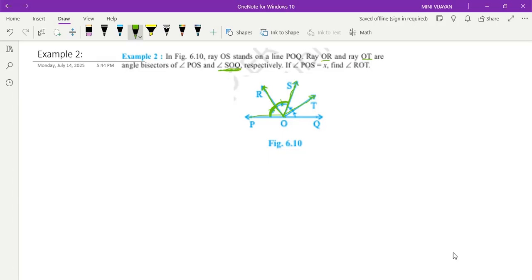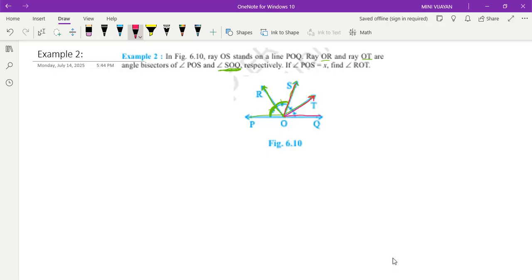So we can see SOQ here. Okay, SOQ, I'm marking it here. This is the angle SOQ and OT is the angle bisector.